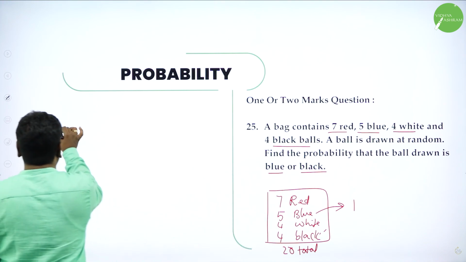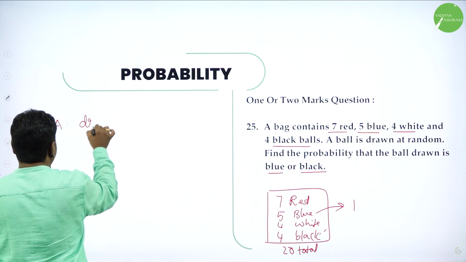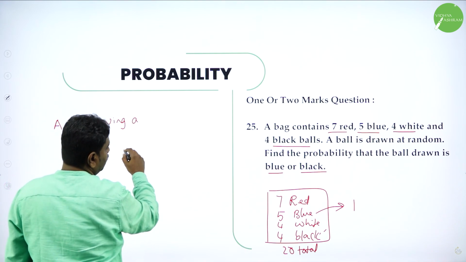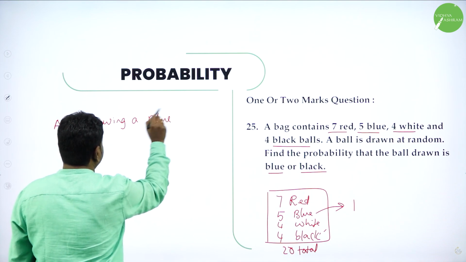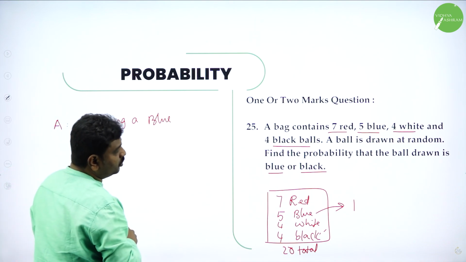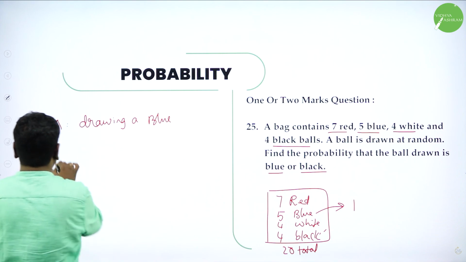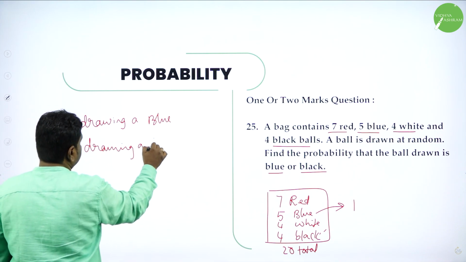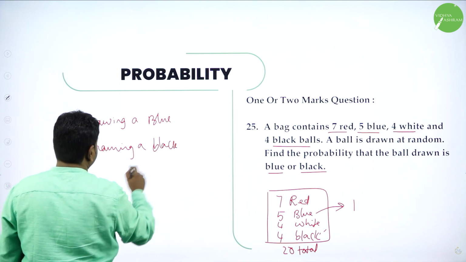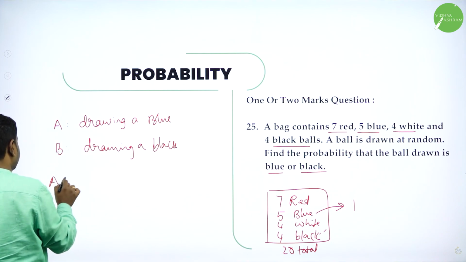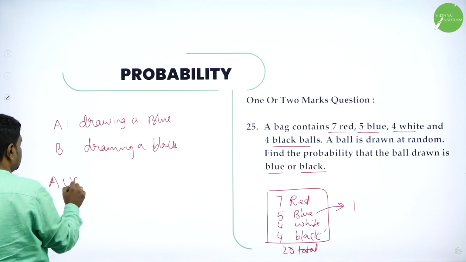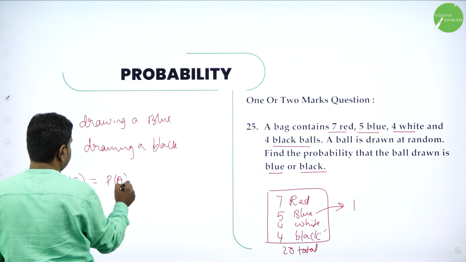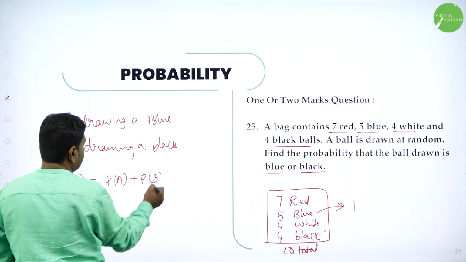See, event A is drawing a blue ball. They want blue or black. So event B is drawing a black ball. Now P of A or B is P of A plus P of B, because there is nothing common.